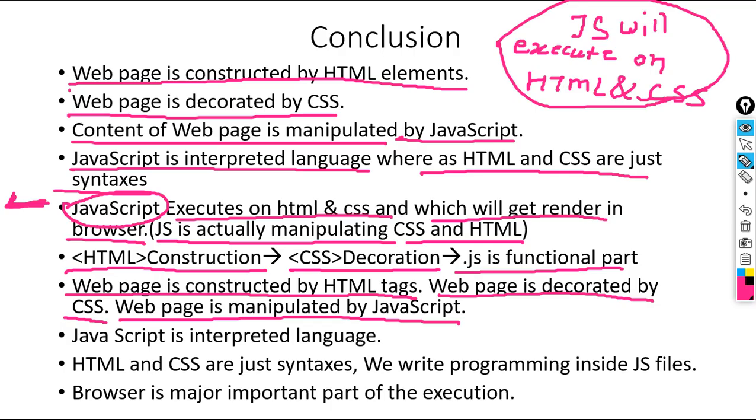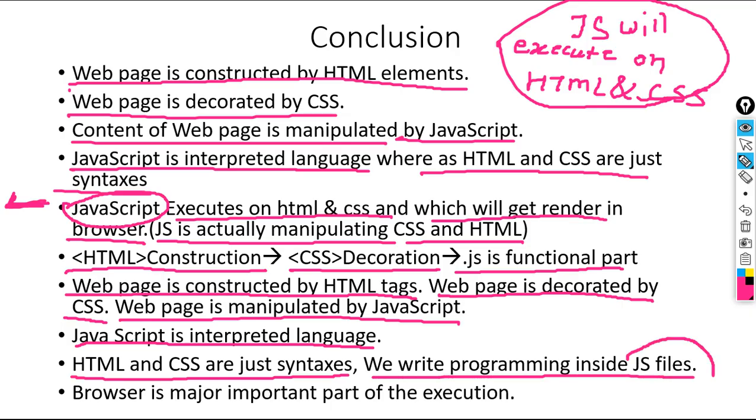Now JavaScript is an interpreted language, meaning the JavaScript code will be executed line by line. HTML and CSS are just syntaxes. We write programming inside the JavaScript file. The actual logic will be done within this JavaScript file.